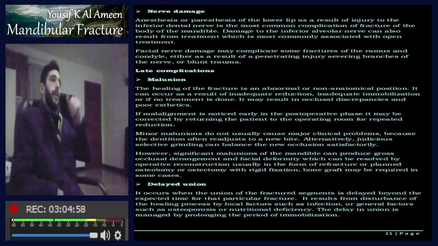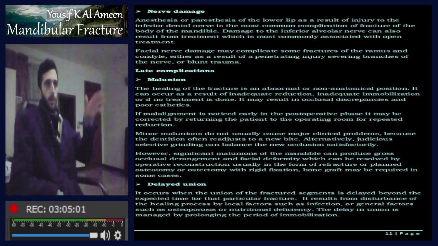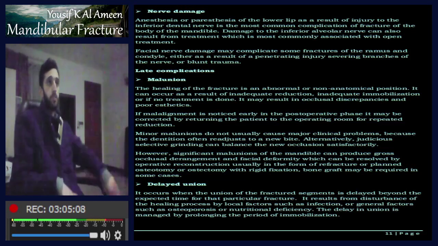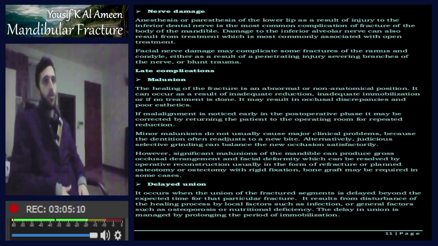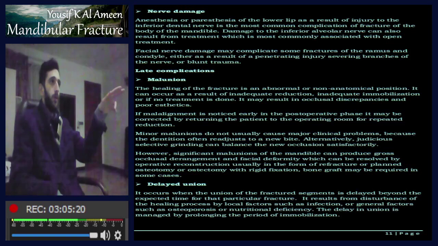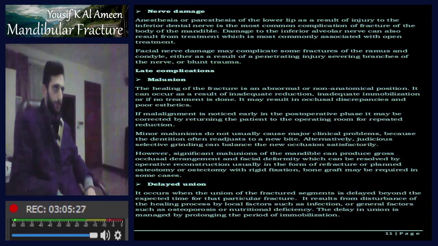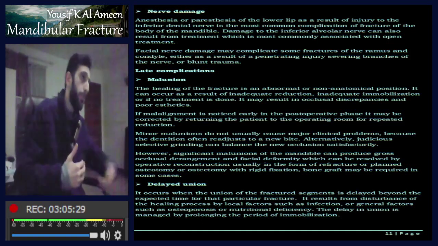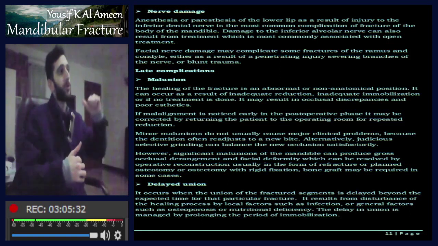Late complications. We have malunion and delayed union. There is also non-union, on the other page. But starting with the late complication of malunion: the healing of the fracture is in an abnormal or non-anatomical position.